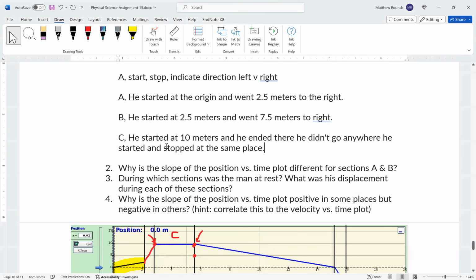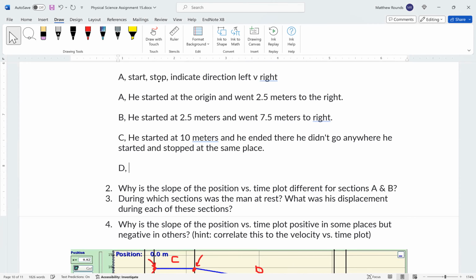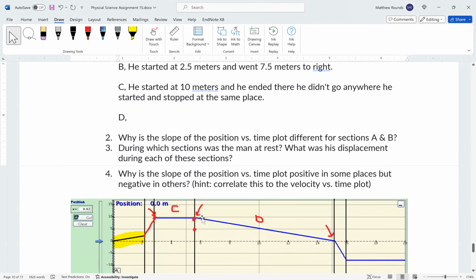That works. Okay. Now for D, we're back to the language that we were using, which is what did he start at, what did he end at, and did he go left or did he go right? So let's look here. Tell me what he started at.